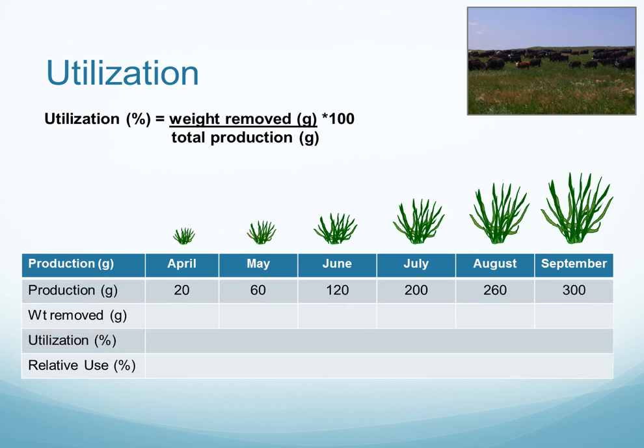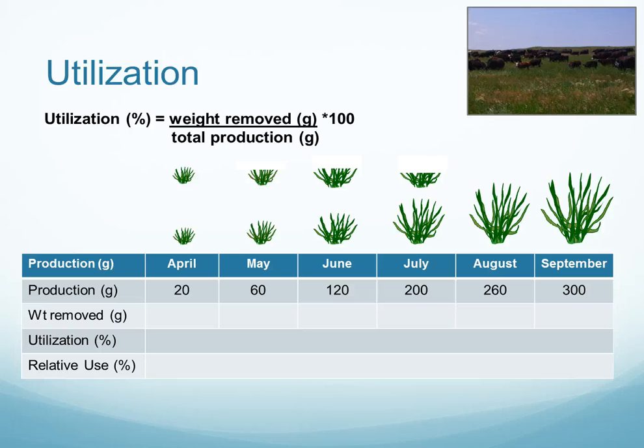Now, let's assume that we use this area for grazing and that the animals are put on at the beginning of the growing season, or shortly after it begins, and this area is grazed until July.